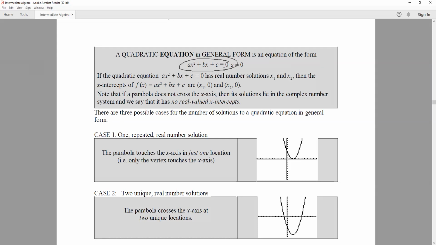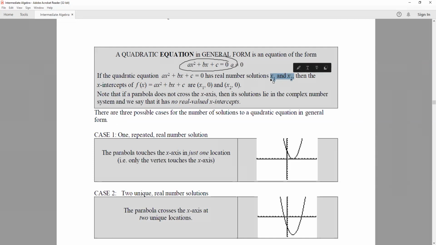Now, to solve this quadratic equation, you are solving for x, right? Because a, b, c are going to be real numbers. So you're going to have to solve for your x's.